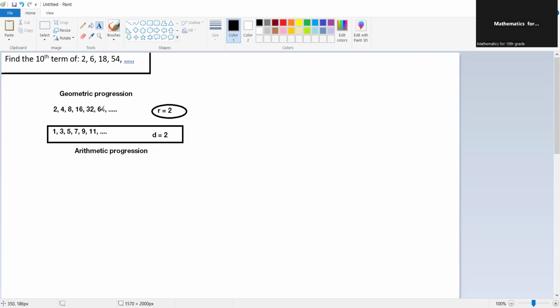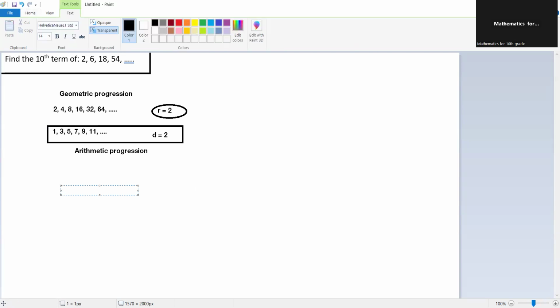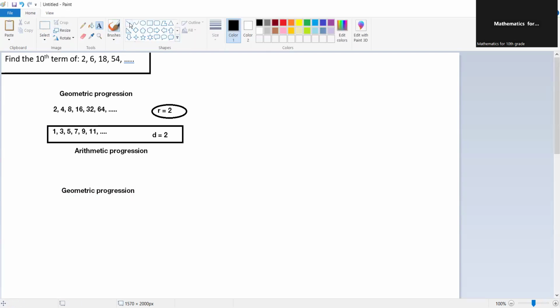So how do we get the nth term? The second term, you get it from 2 into 2. So I'll write it in a bigger font here. The geometric progression question. And I'll just underline this.